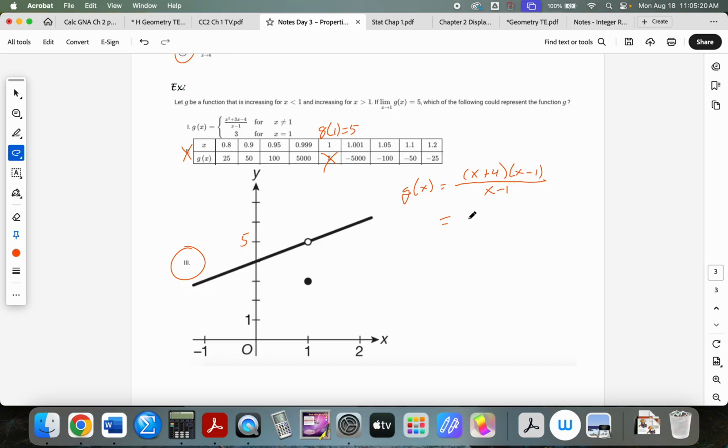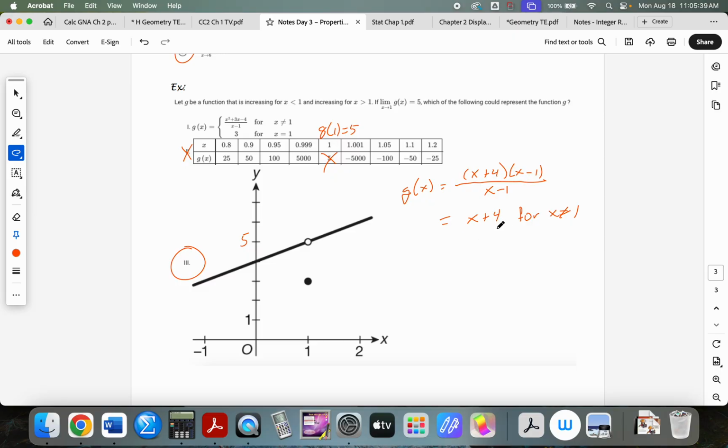Well, that's equal to x plus 4 as long as x is not equal to 1, right? Any other place, x minus 1 divided by x minus 1 is just 1.